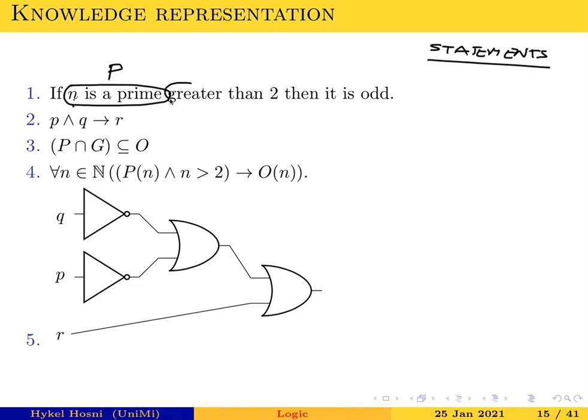So "n is greater than 2" is another statement which doesn't contain more elementary statements. So I'm calling this Q. And implicitly I'm reading an "and" here.